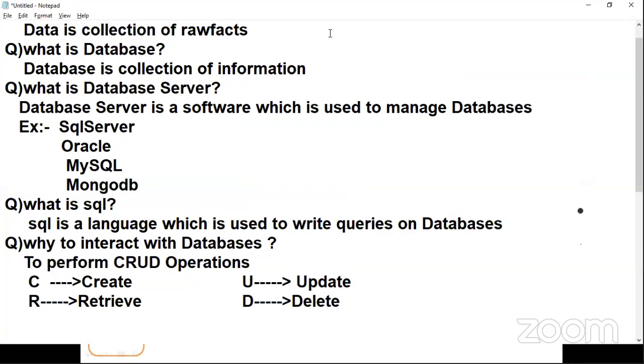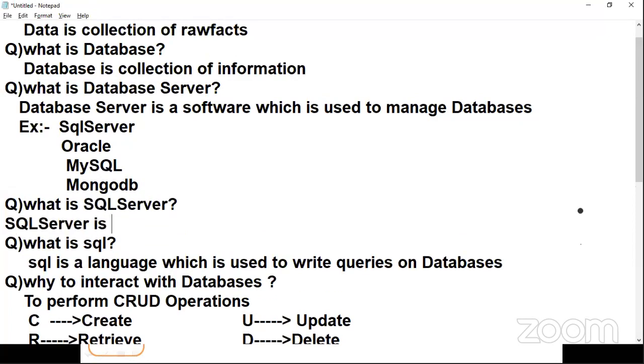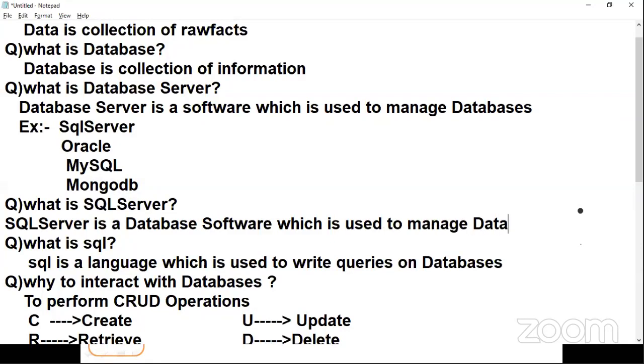SQL Server is a database software which is used to manage databases.